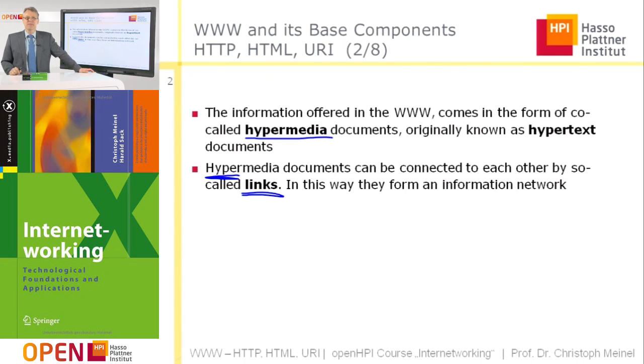In this way, the single documents in the web are interconnected and form a network of information. If we compare the web with a book, in a book you need to order information in sequential order, one page after the other.